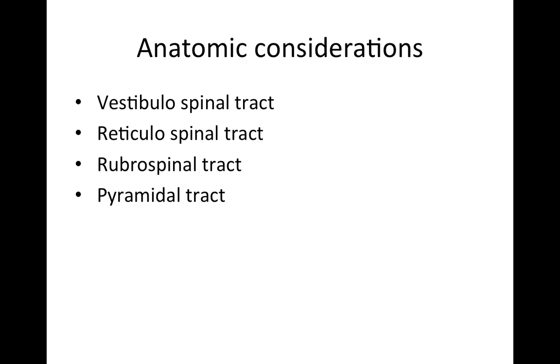Right? So that is the reason why there is extensor hypertonicity of the upper as well as the lower limbs. So this is the pathophysiology and the anatomical basis of decerebrate and decorticate postures.